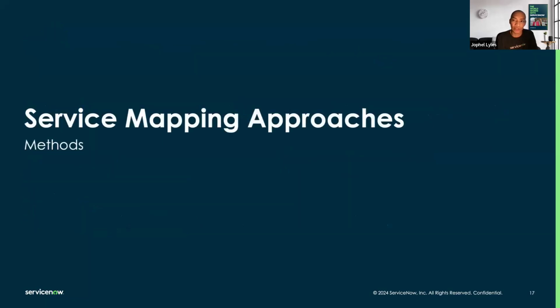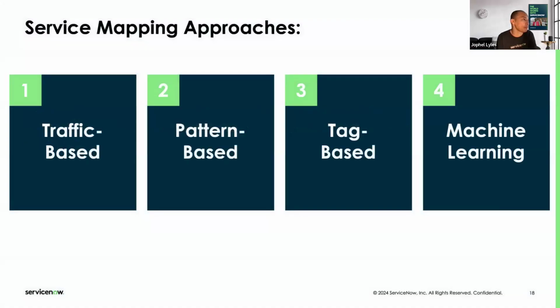All right, so let's get into the approaches of service mapping and what they are and the methodologies for each one of those. If you look at the slide here, you can see that there's four. If you have a good memory from what I said before, I said that there's three service mapping approaches, right? I swear I can count.